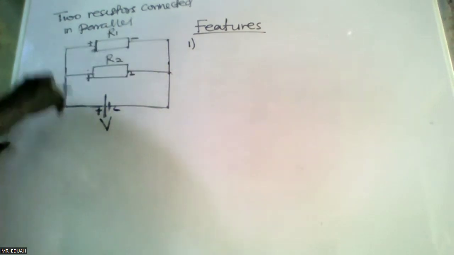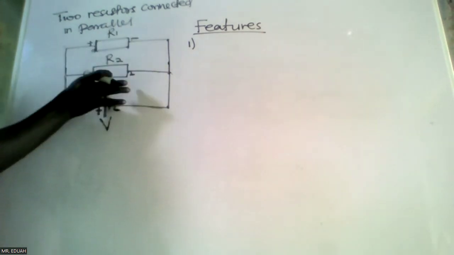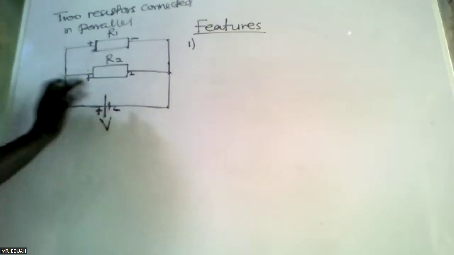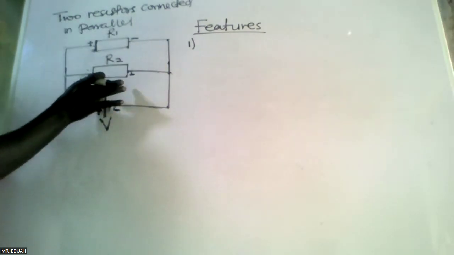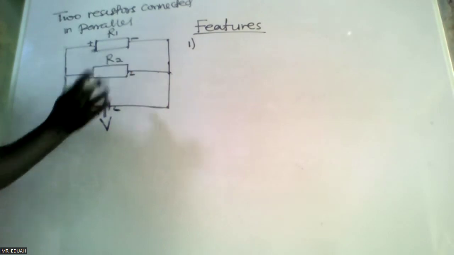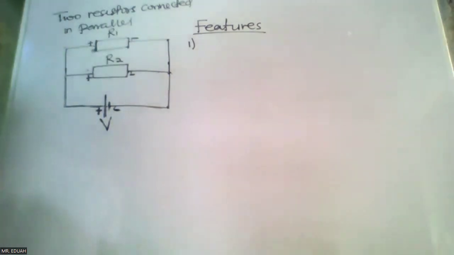So in effect, all the resistors have the same voltage drop. If you have 10 resistors, they will all connect to the source in this manner. Please, is that okay?